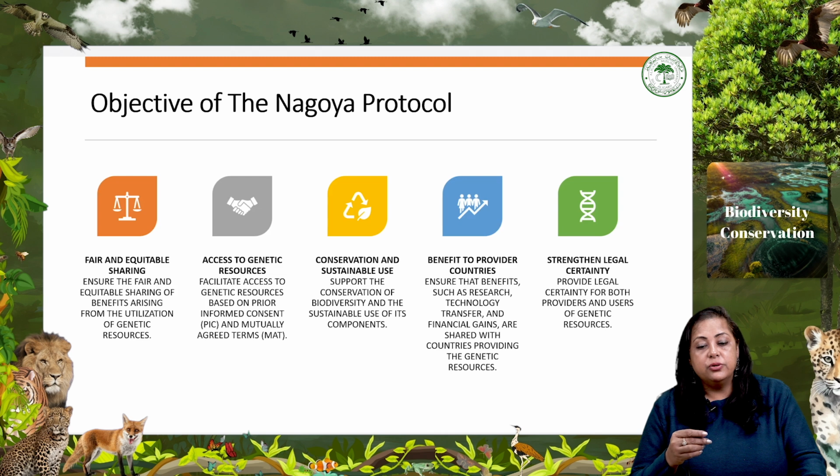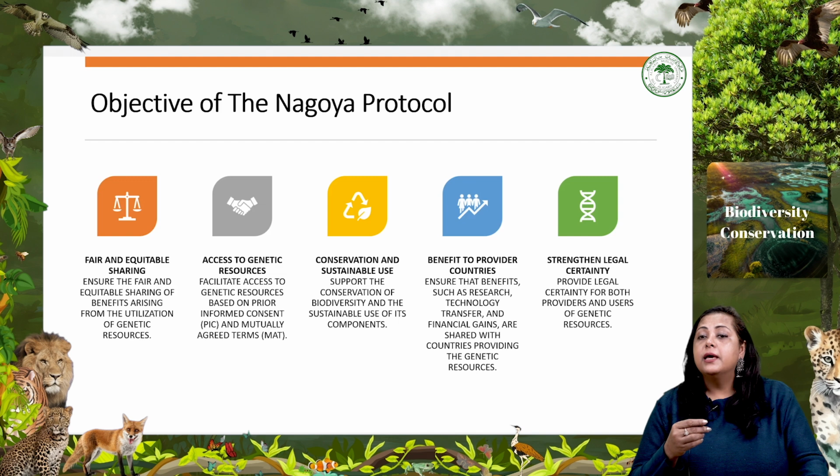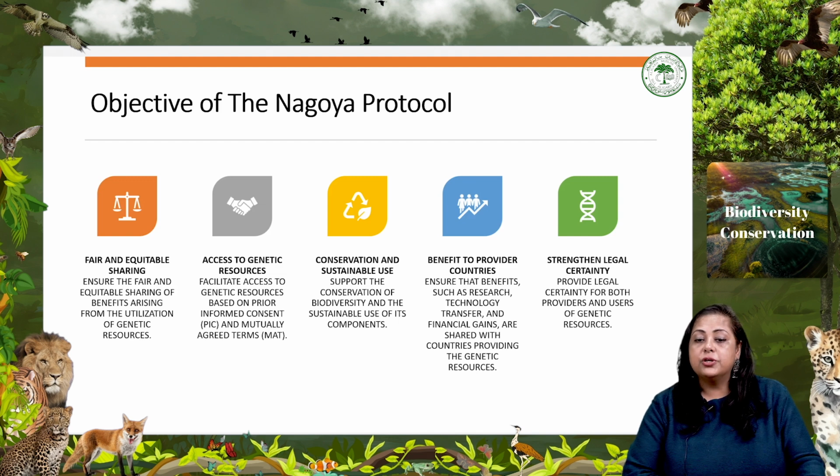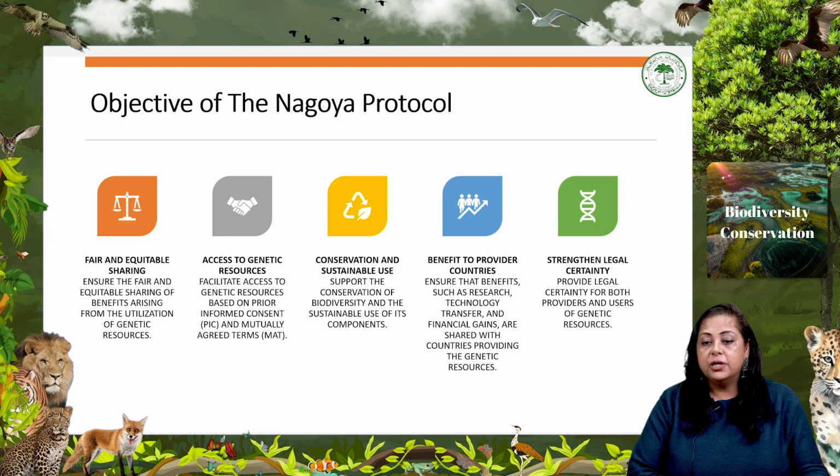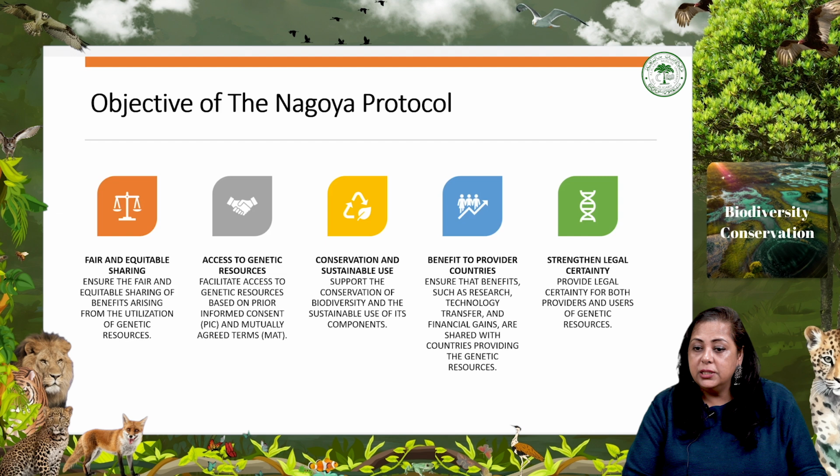Access to genetic resources means facilitating access based on prior informed consent and mutually agreed terms. Conservation and sustainable use means supporting the conservation of biodiversity and the sustainable use of its components. Benefit to provider countries means ensuring that benefits such as research, technology transfer and financial gain are shared with countries providing the genetic resources.